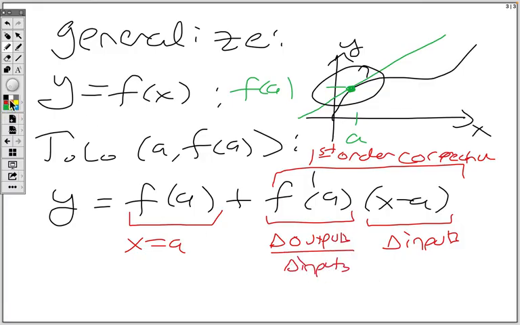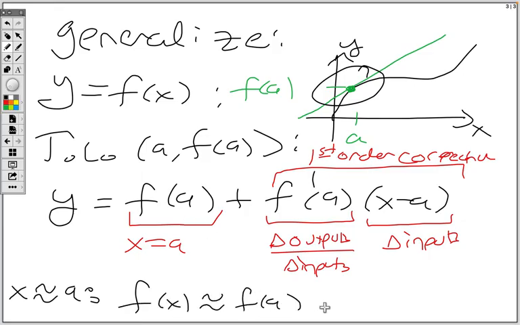So if my input x is close to a, then f of x would be close to f of a, and if I want to get a little more specific as to how close f of x is to f of a, I would add this correction term. Right? That's the whole idea of locally linear.